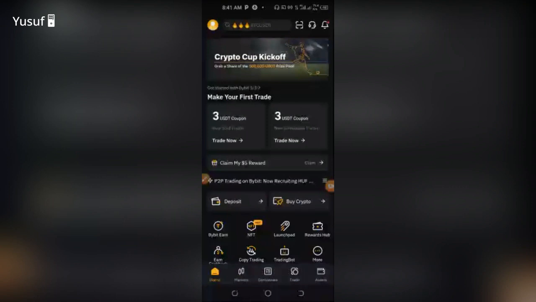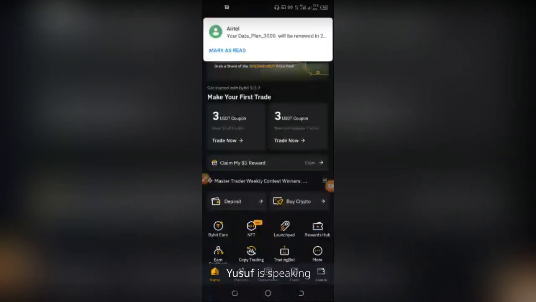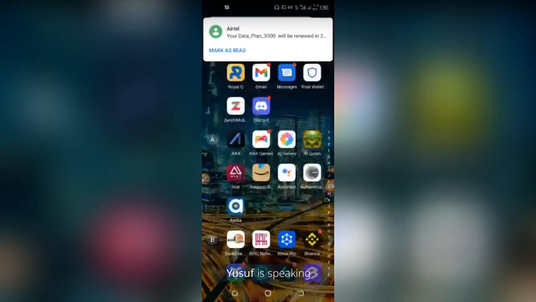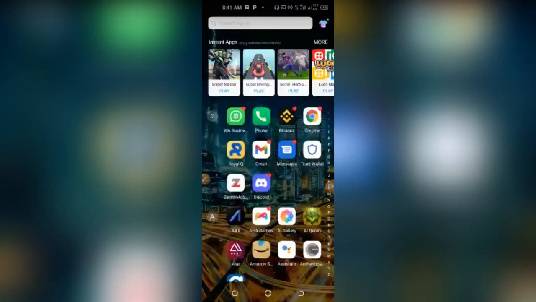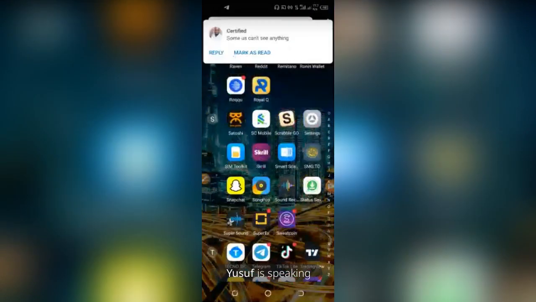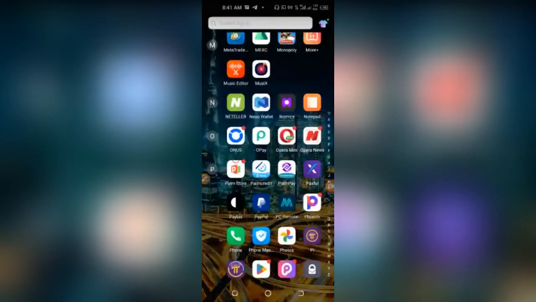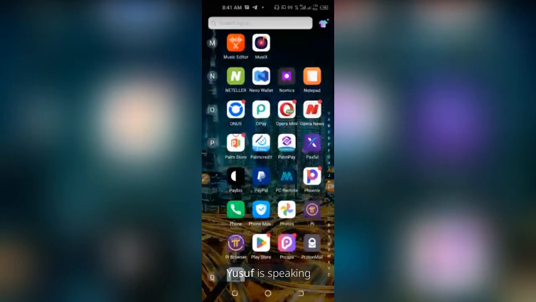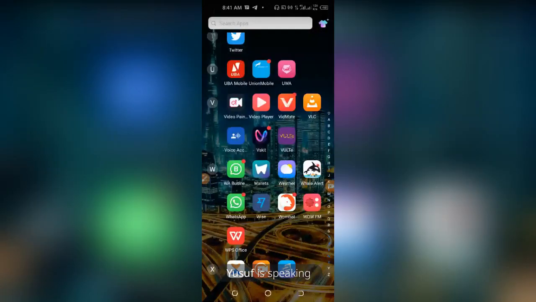This is how. When you are given a signal, let's go to Telegram, like I said, and check for a signal.